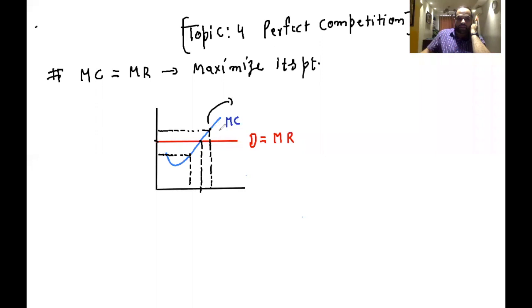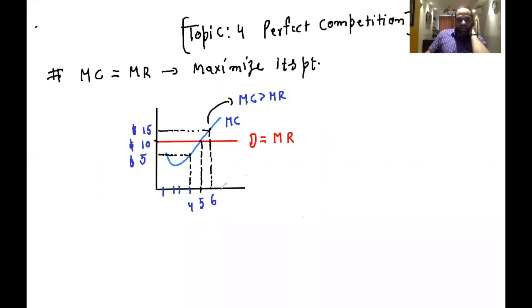And you can see at this point, your MC is greater than MR, right? MR, let's say, is $5, $10, and $15. These are the dollars. And this is the quantity, let's say 1, 2, 3, 4, 5, and 6.